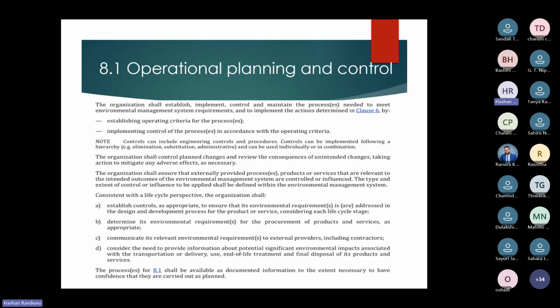Suppose in your wastewater treatment plant, before you release treated wastewater to, let's say, the municipal drainage, you need to treat that wastewater to a certain level, right? Then how can you have confidence that all the operations are carried out as planned? You can analyze properties of the treated wastewater. If you have an internal laboratory, you can check its color, the pH, the chlorine level, you can check several things.